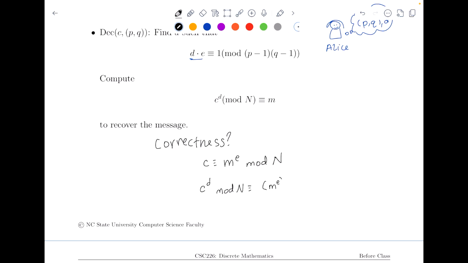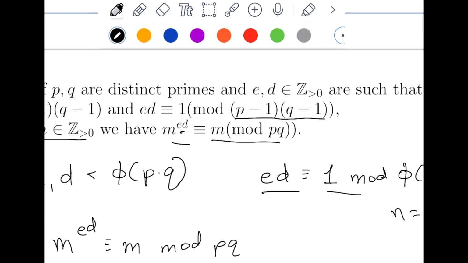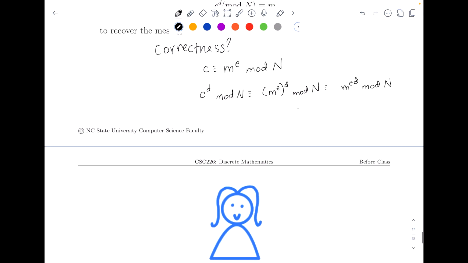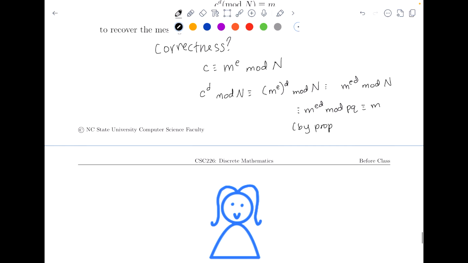C can be replaced by M to the E. And then I have M to the E to the E times D mod N. Looking back up at our rule, M to the E times D is equivalent to M mod PQ. So when I go back here, I have M to the E to the ED mod PQ, which is in fact equivalent to M, based on that proposition. And so Alice here is in fact going to learn the message.